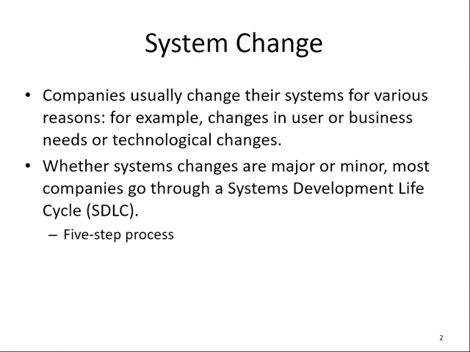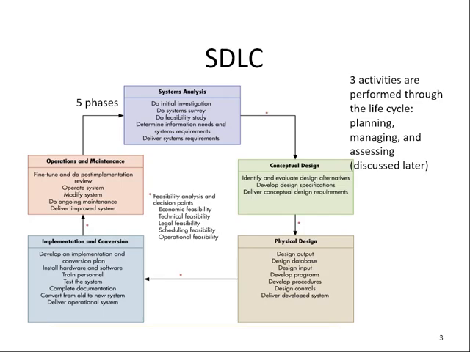And sometimes when companies omit certain steps, there will be a disaster. The new system may not work, or it's below expectation. So what are the 5 steps in SDLC?